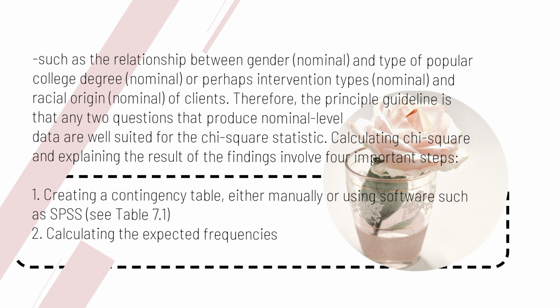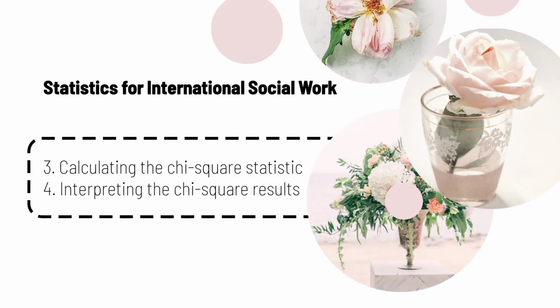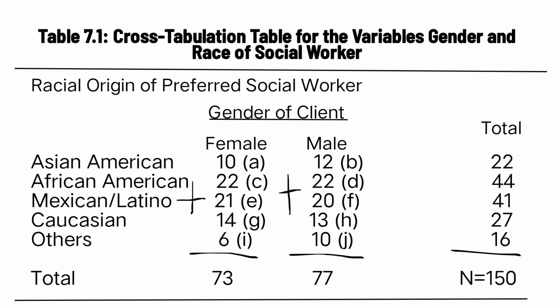Number two is calculating the expected frequencies. The fifth page is a statistic for international social work. The third step is calculating the chi-square statistic. Number four is interpreting the chi-square results.